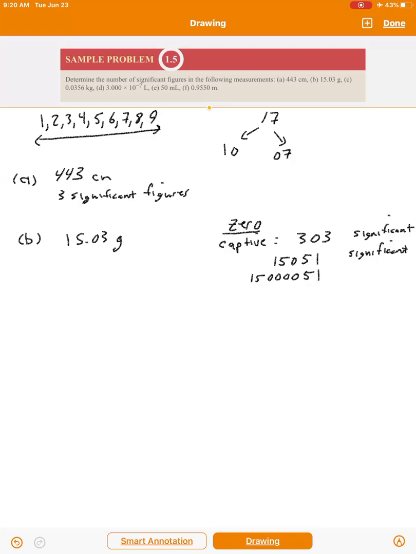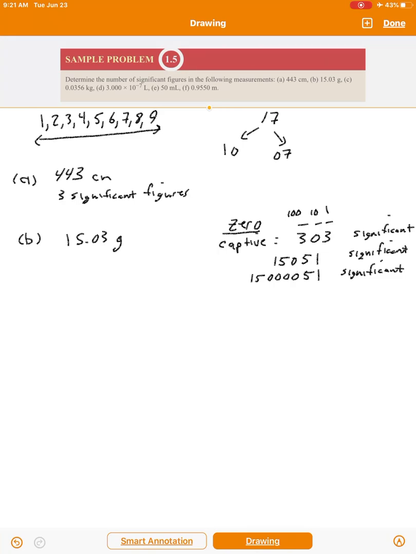As long as those 0s are surrounded by significant figures, meaning numbers between 1 and 9, then they're all significant. Every one of them is. And we count them all. Essentially what we're doing is we're counting powers of 10, right? This is the ones column, this is the tens column, and this is the hundreds column. You're essentially counting how many columns there are in that number.